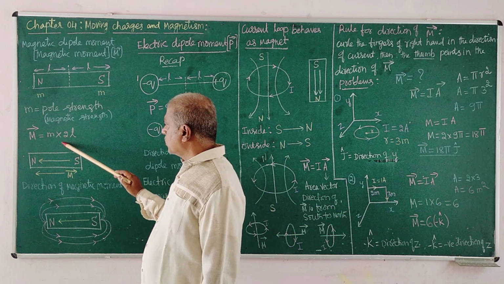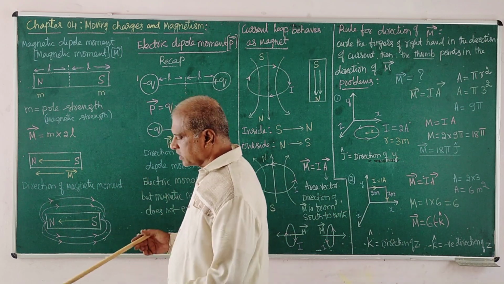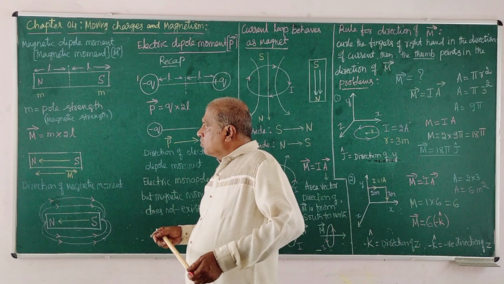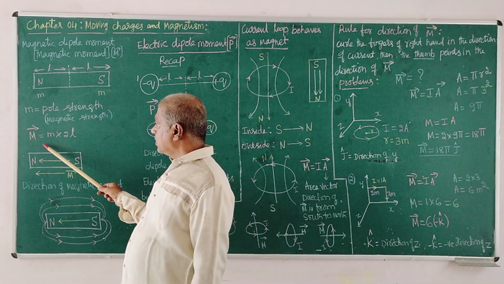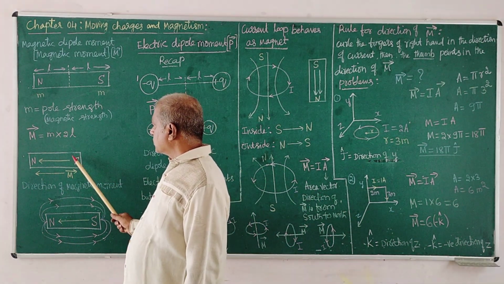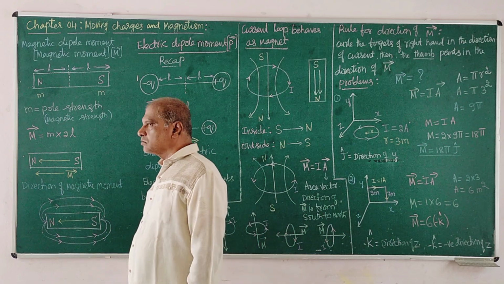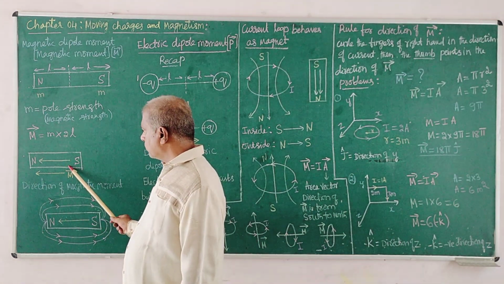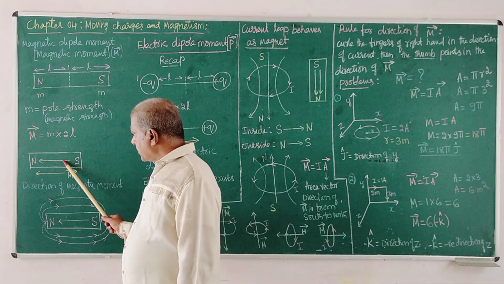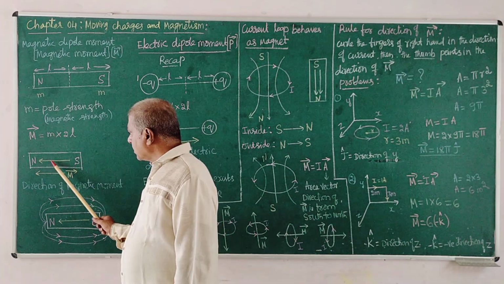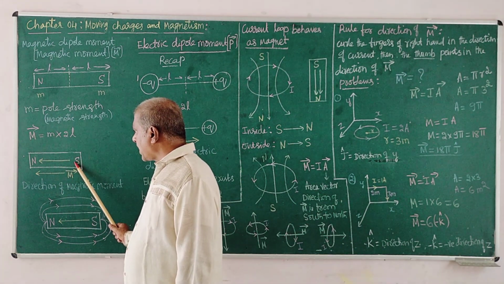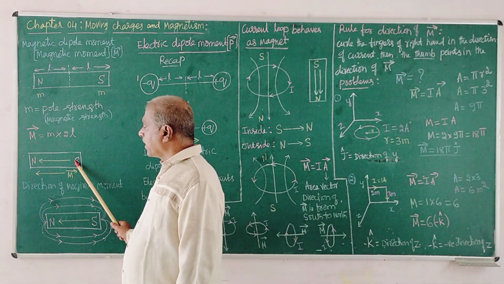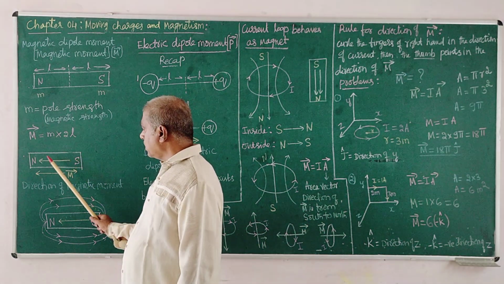This gives the magnitude of M. If that is the case, what would be the direction of M? The direction of M is from south to north inside the material. This line represents the magnetic line of force in the magnetic material. It is a permanent magnet, with a south pole and a north pole.